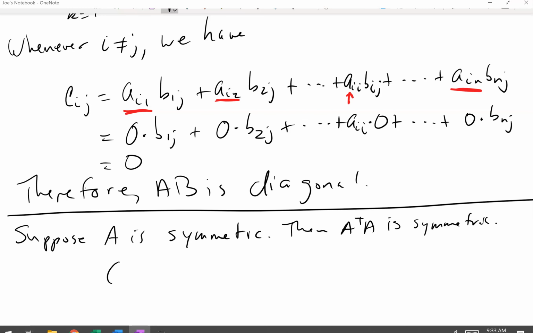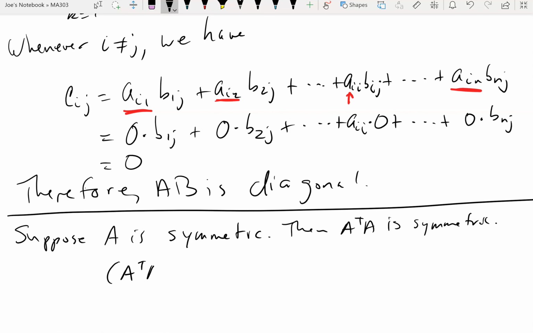So to prove something is symmetric, you have to show that it's its own transpose. So I want to start with A transpose A, take its transpose, and where do I want to end up? The same thing back again, right? To show something is symmetric, I want to start with the matrix that I have, take its transpose, and get back to where I started.